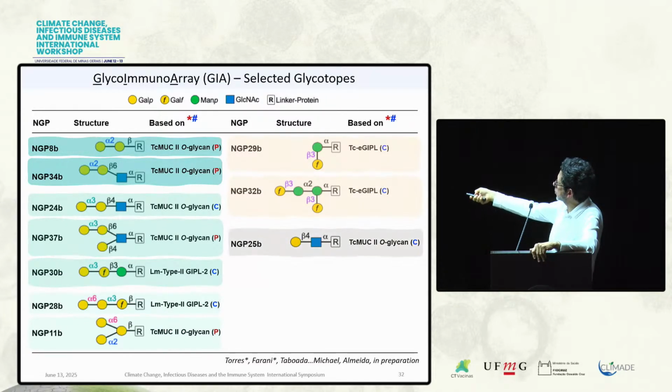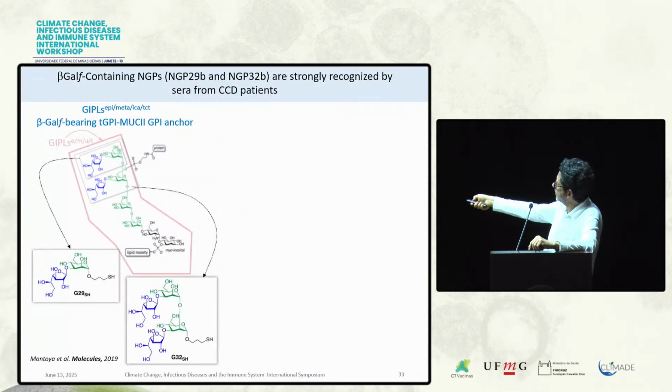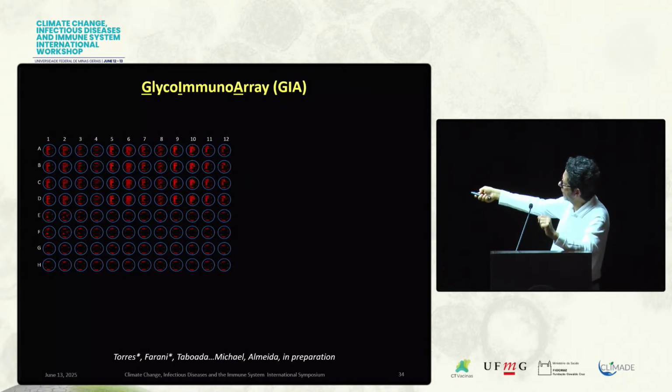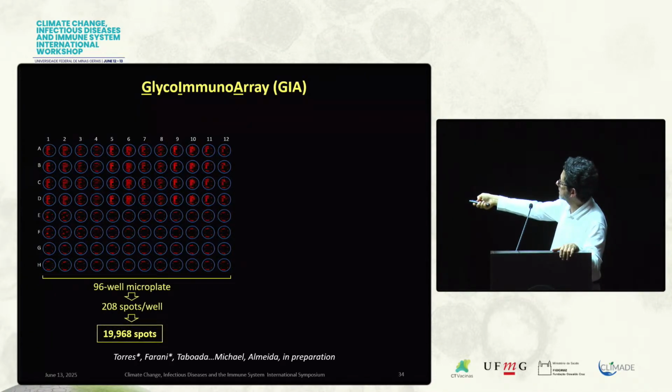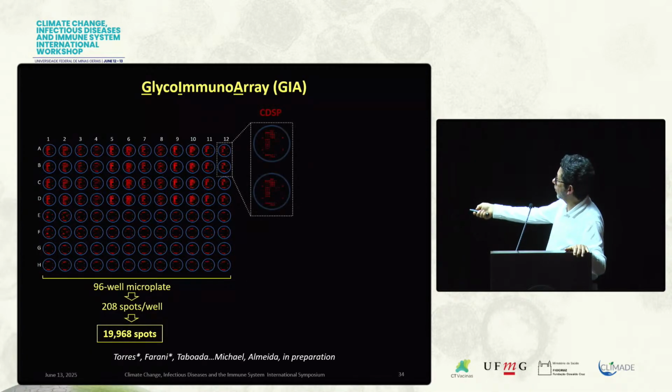And this is a control epitope that doesn't have alpha-gal or beta-galactofuranose. So this is the array. This is one ELISA plate per patient, and we're going to get 20,000 data points for each patient.